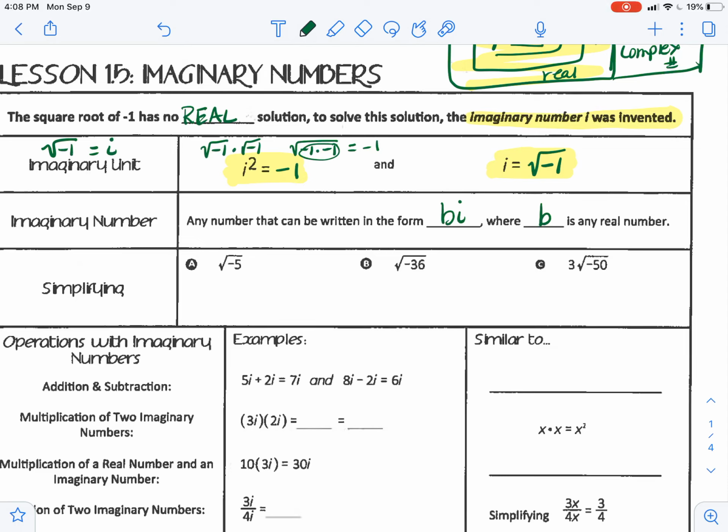Here's the square root of a -5. Since it has that negative, we're going to say the square root of -1 times the square root of 5. I know that the square root of a -1 is i. I cannot simplify the square root of 5. That is as low as it'll go, and that would be my answer.